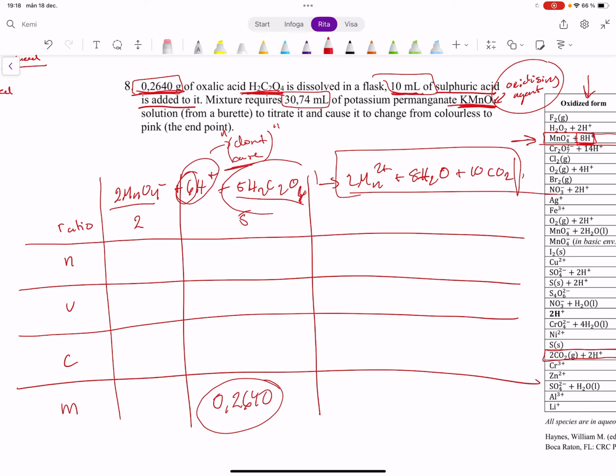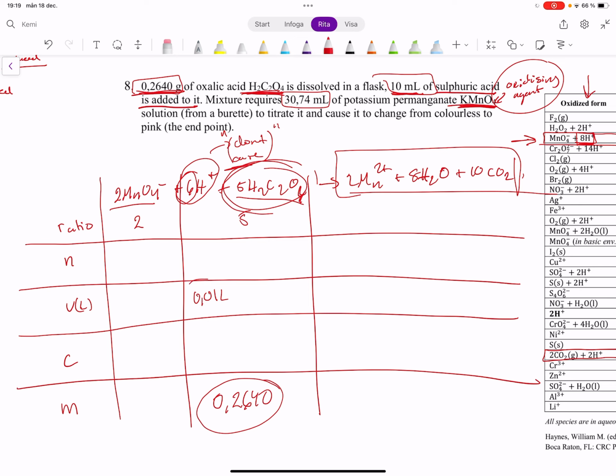So there is 10 milliliters, 0.01, and we have to write this in liters, we can't have it in milliliters. So 0.01 liters, and the volume of this one will also be 10 milliliters, because this is a mass that has been dissolved in 10 milliliters of the oxalic acid.